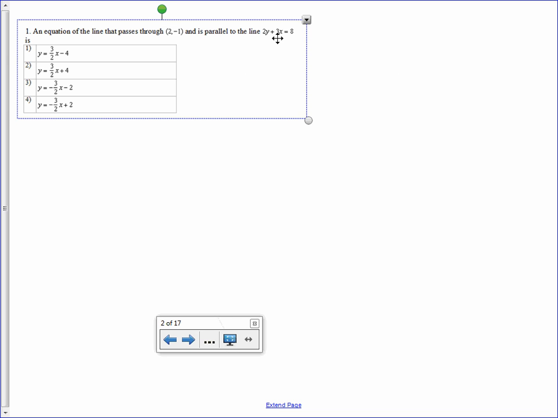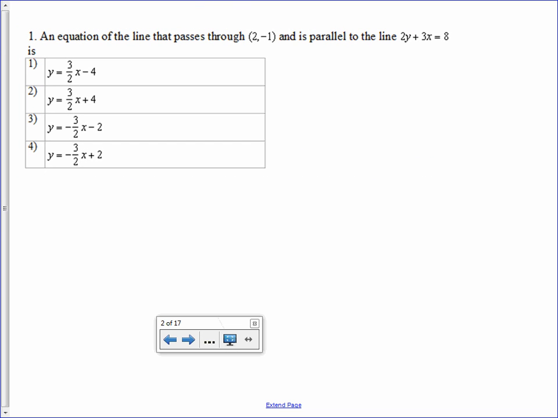An equation of the line that passes through the point. Well, to write the equation of a line, the first thing you need is the slope. If it's parallel to this line, I know that parallel lines have the same slope. So I start by getting y by itself.